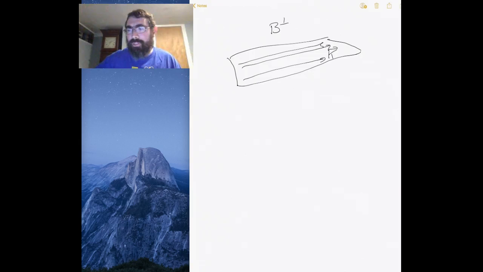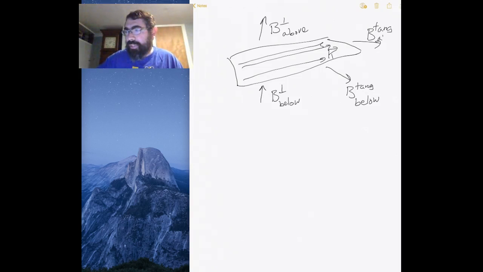would have a perpendicular magnetic field above, pointing in this direction. I would have a perpendicular magnetic field below, pointing basically in the same direction. Now, I could have a magnetic field which is tangential below, and I could have a magnetic field which is tangential above.